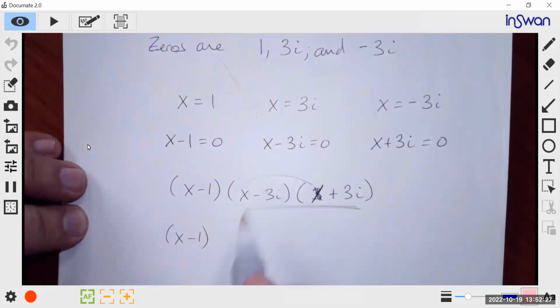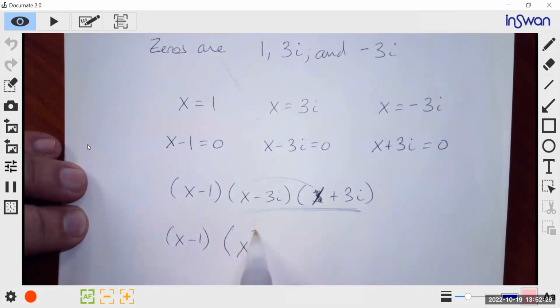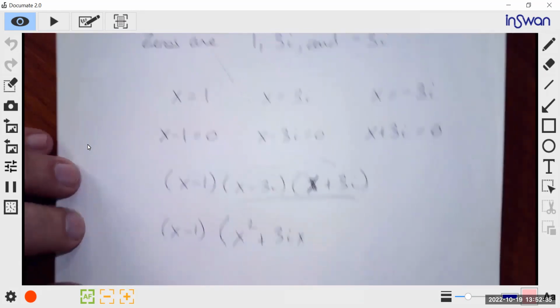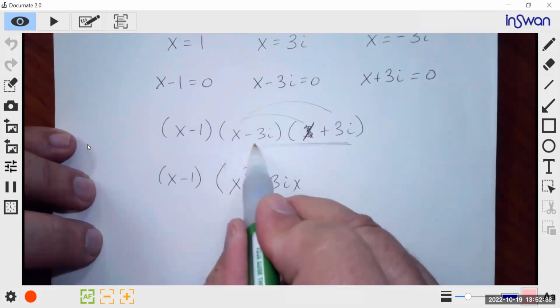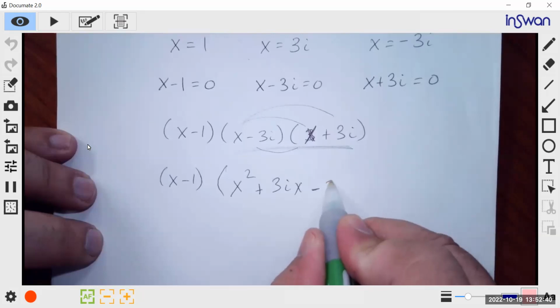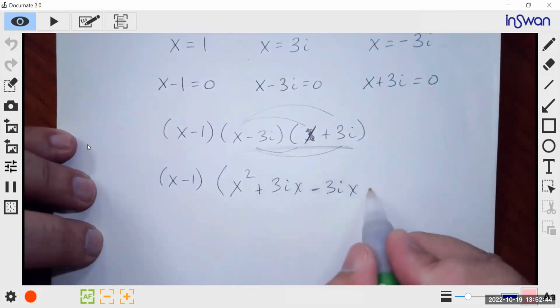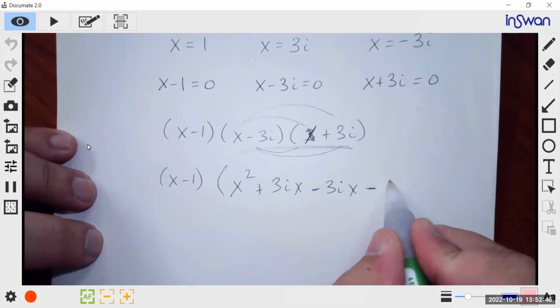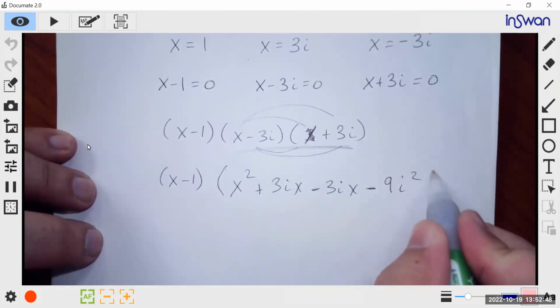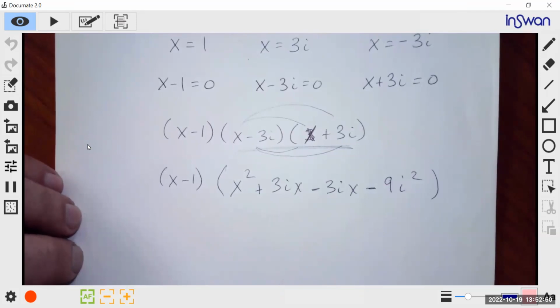Let's work it out. x times x is x squared. x times positive 3i is 3ix. Negative 3ix. Negative positive is negative. 3 times 3 is 9. i times i is i squared.